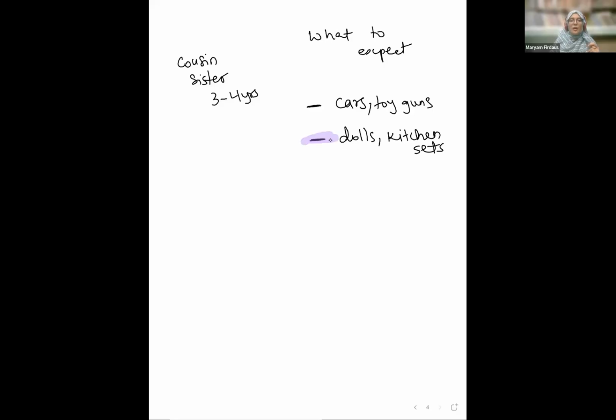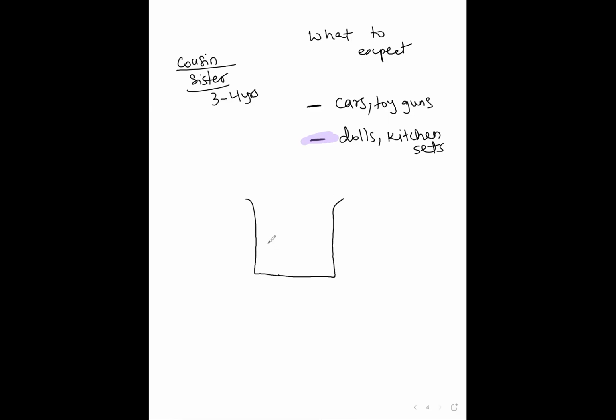Okay, now let me give you another question. Let's say you are going to this cousin sister's place, and she has a toy basket. In that, let's say she has one doll, or let's say she has two dolls, and she has three animal figures.